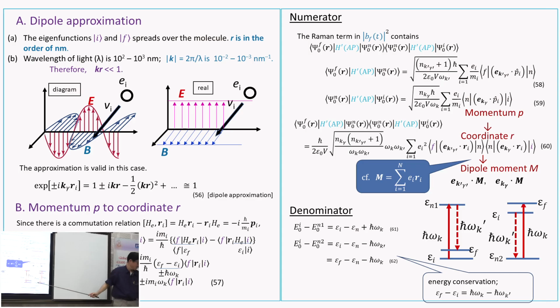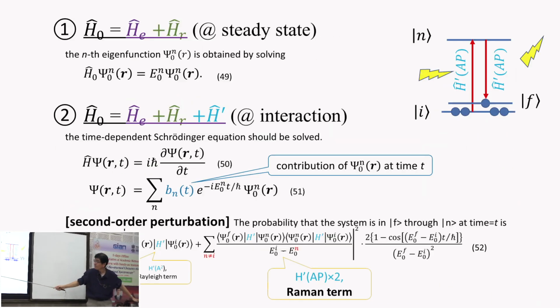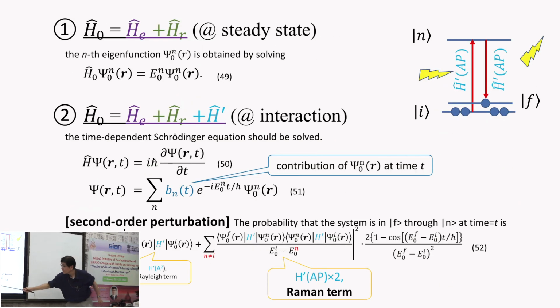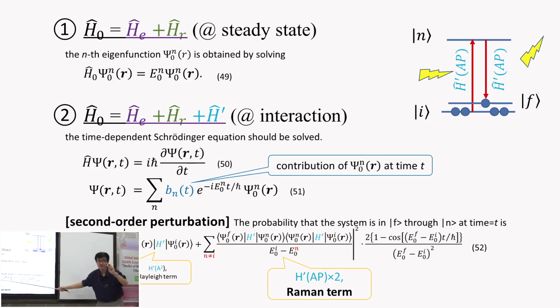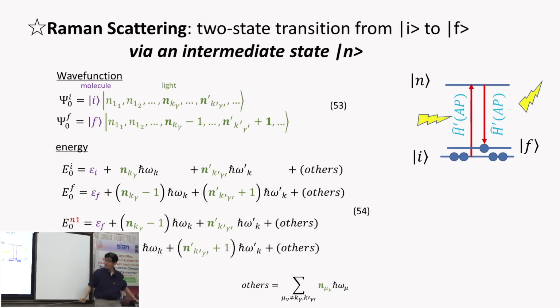In the first term, E I minus E N, and I explained there are two intermediate states, N1, N2. So E I minus E N1, E I minus E N2. Two possibilities should be considered.